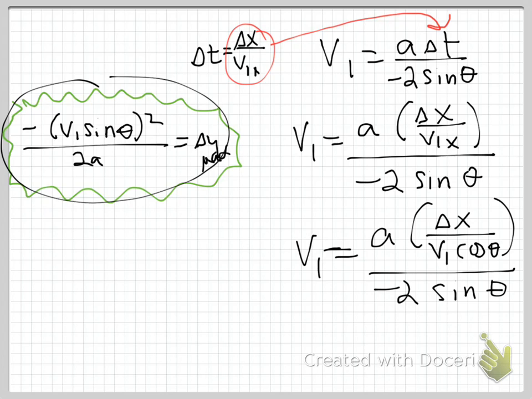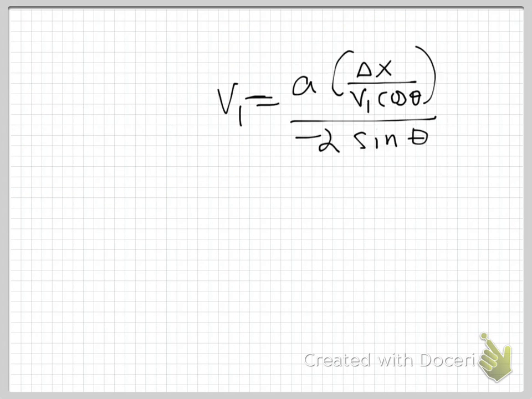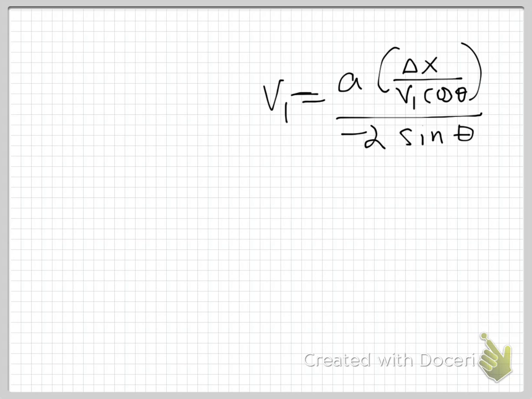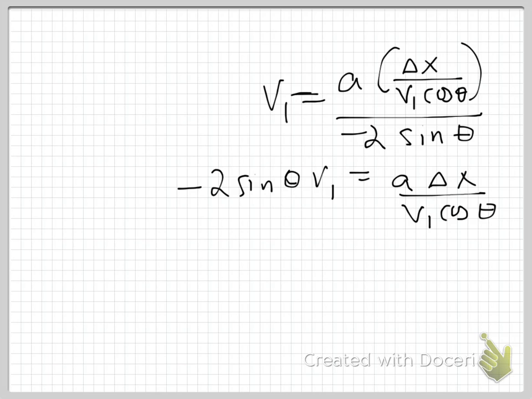I'm going to copy this to the next page. Okay. We'll do this algebra as sort of a sidebar. So again, I love algebra, but still make stupid mistakes. I tend to do every step in something like this, especially when I have a fraction on top of a fraction. I guarantee I will screw this up if I don't do every step. So here's the algebra I'm going to do. Negative 2 sine theta vi equals a, and then I'm going to multiply out that fraction, delta x over vi cosine theta.